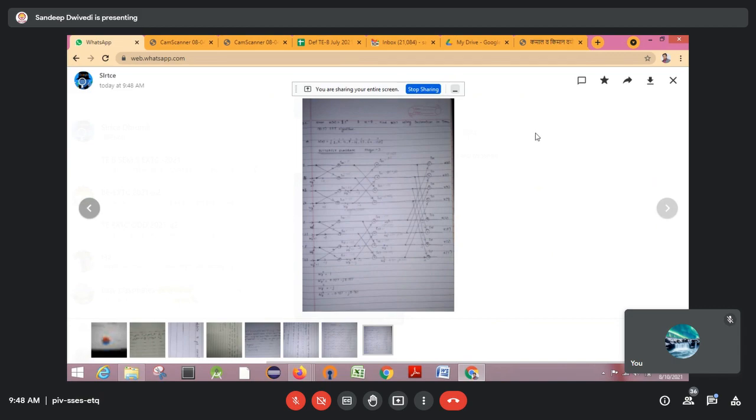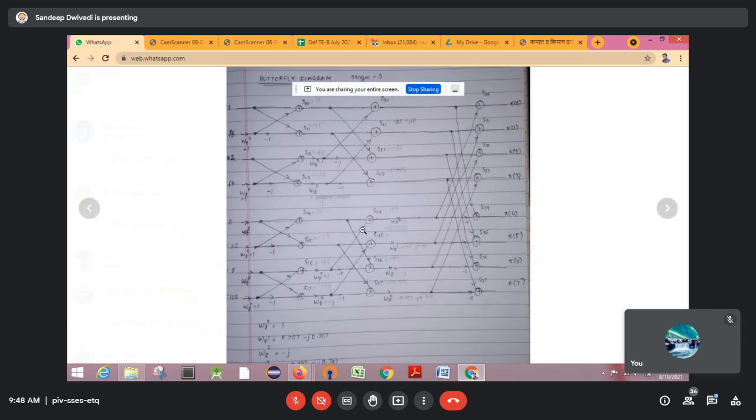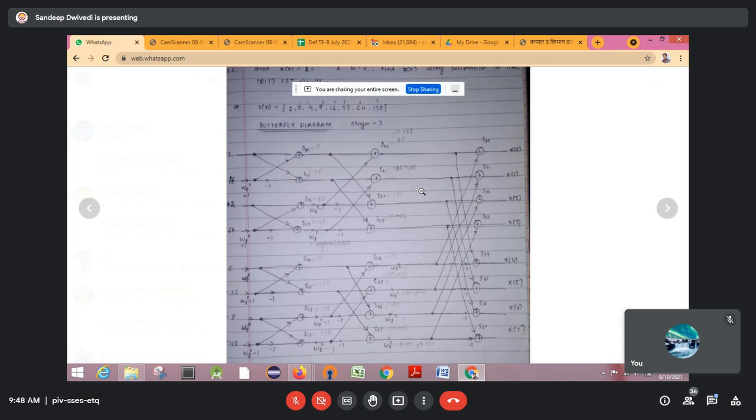Okay, so this is the diagram. See here for this calculation, this is S1 0, S1 1. First of all, you need to write the even samples. This is x of 0, then x of 4.